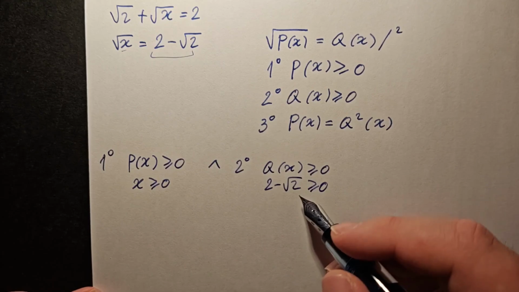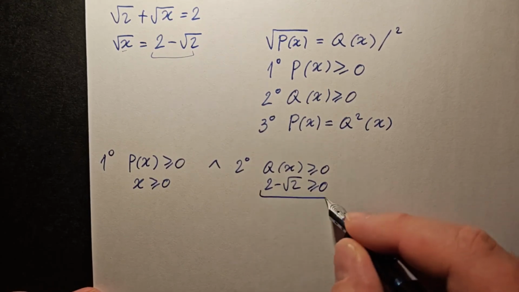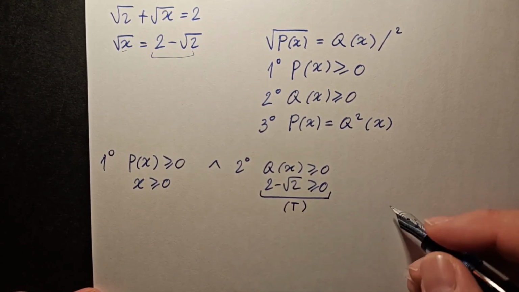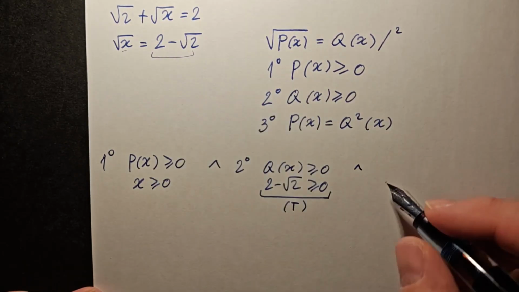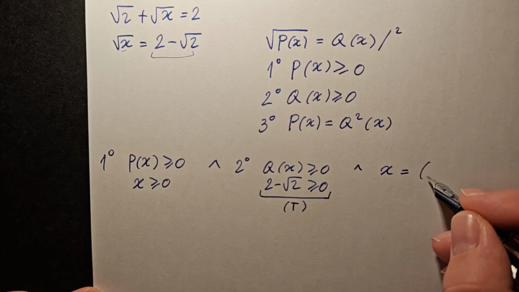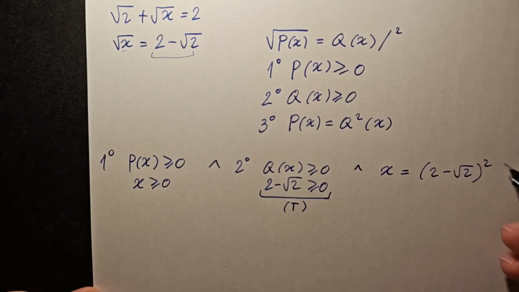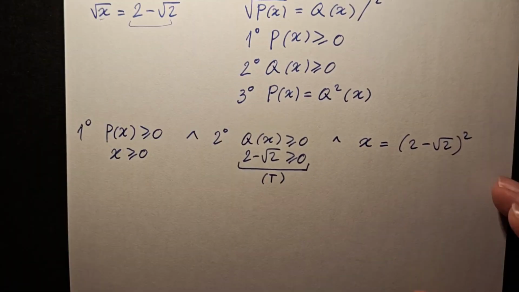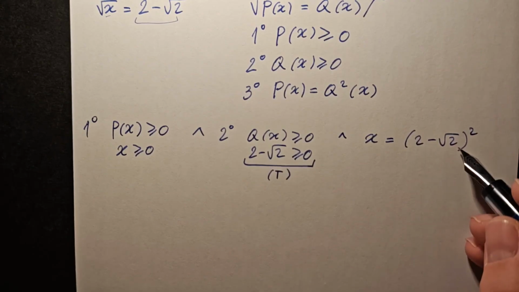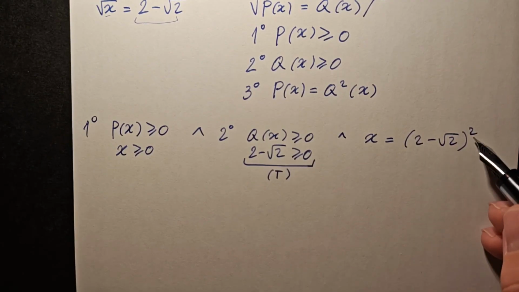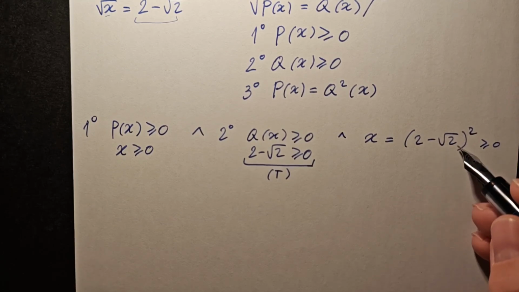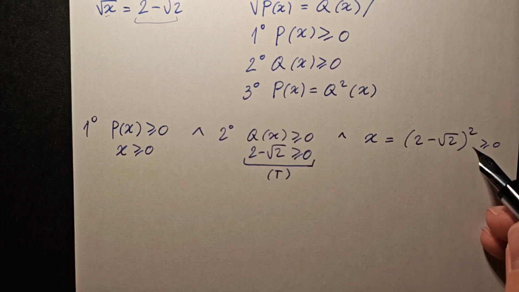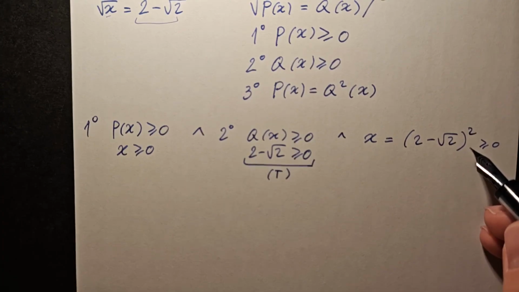We know this to be a true statement. The third and final demand is that x is equal to 2 minus the square root of 2, squared. Now, since this number, 2 minus the square root of 2 squared, is larger or equal to 0, then this number is the only solution of the equation.